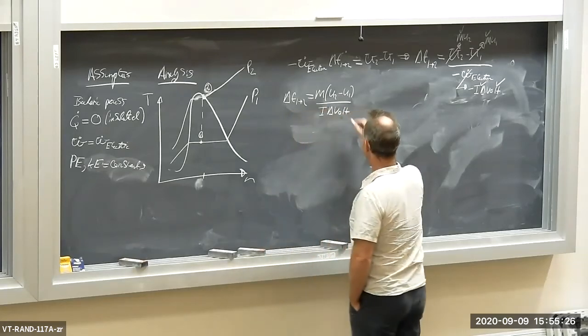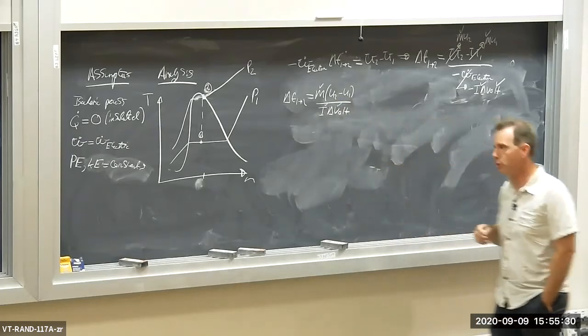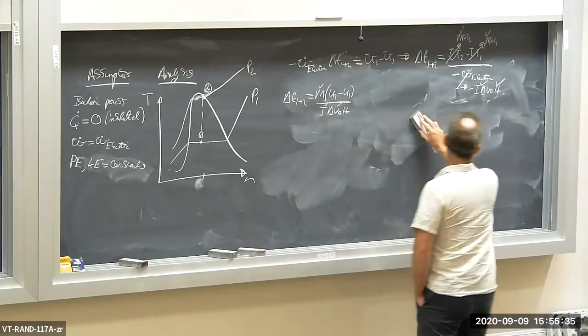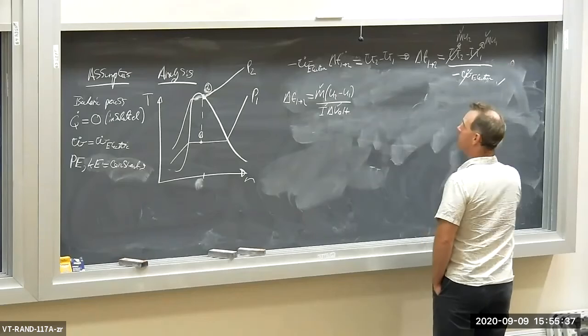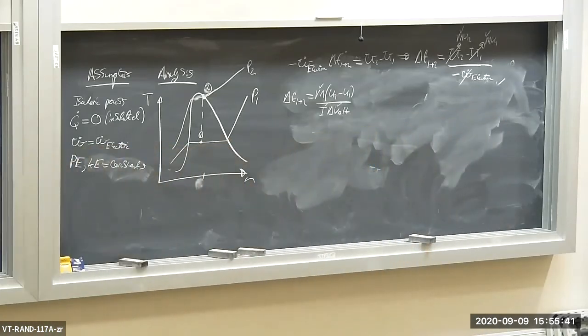Okay? And again, I have delta time, I have current, I have the mass. I need to find U1, U2. All right? Okay, let's see how we're going to do that.